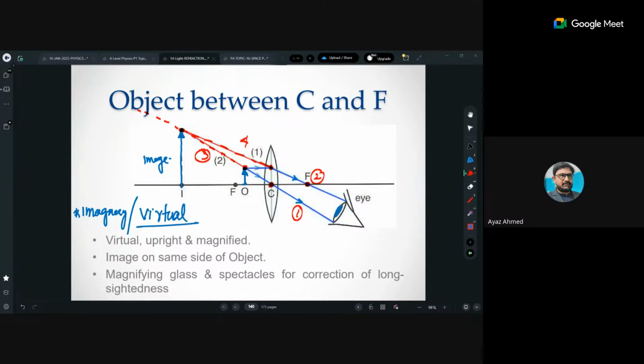Sorry, this image is virtual. This image is upright. Do you see upright or not? Yeah, it is upright, because the object and image both are on the same side and it is magnified also. So this is what you have to consider. It is easy.